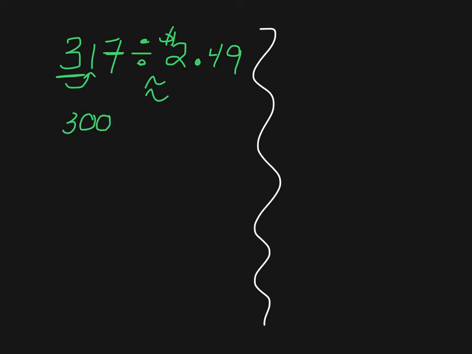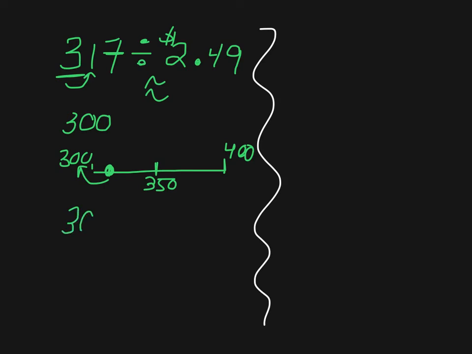If you think of that on a number line, here's 300, here's 400, because we're counting by hundreds if we're rounding to hundreds. 350 is right here, and 317 would be right about here, so definitely would round down to 300.